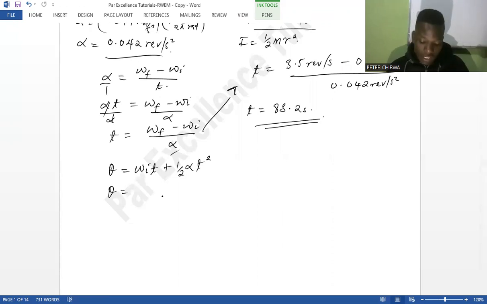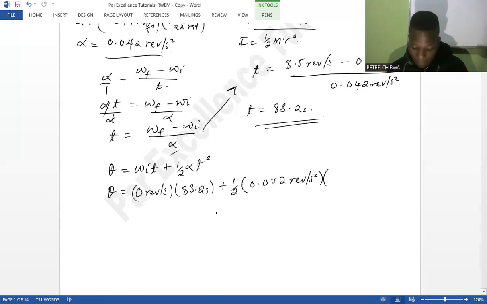All right, so the initial angular velocity here is 0 rev per second, times the time, 83.2 seconds, plus half, and angular acceleration 0.042 rev per square second times the time. And what is our time? Our time is 83.2 seconds squared.